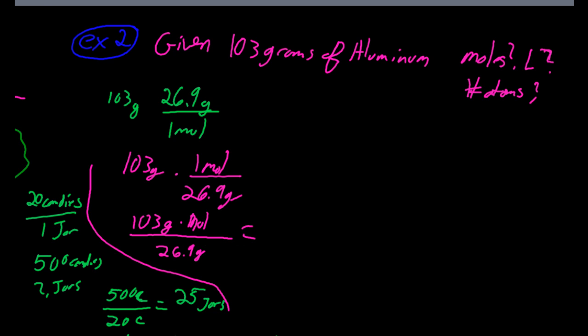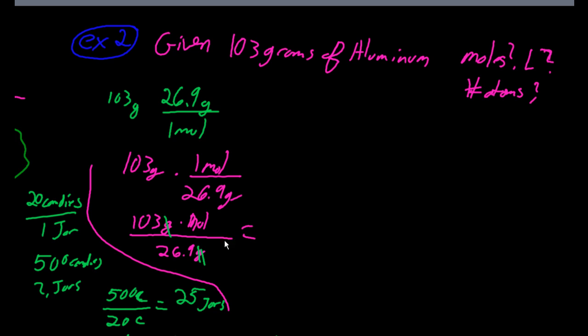And what you notice is that the grams will actually cancel out, right? Because there's 1 gram unit on the top and 1 gram unit on the bottom. So those two will cancel out, and now we can just divide, which will leave us with 103 divided by 26.9.